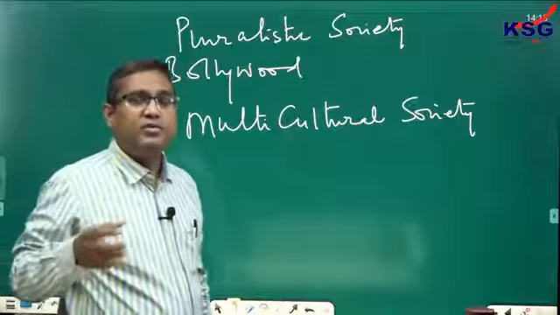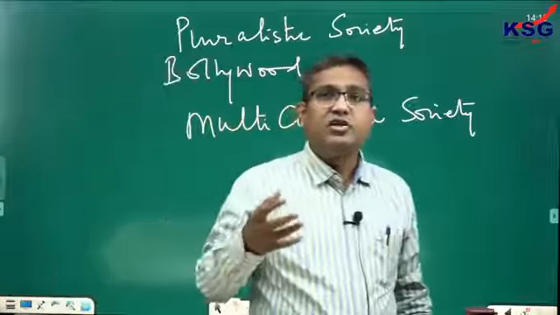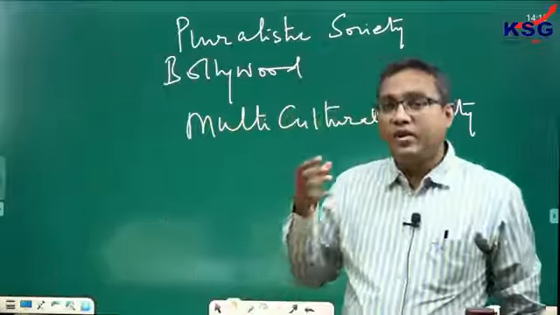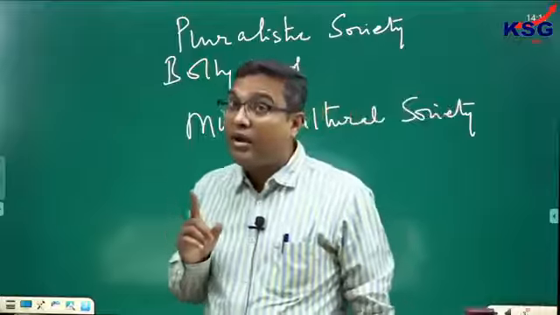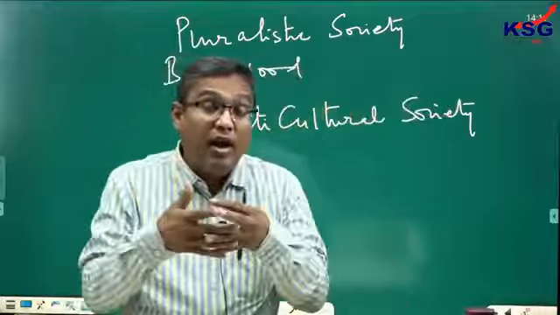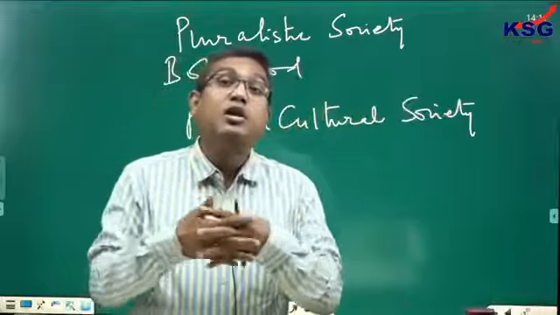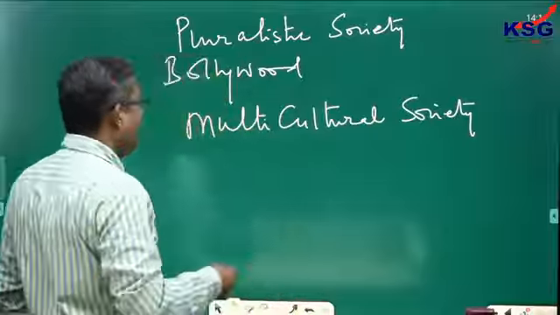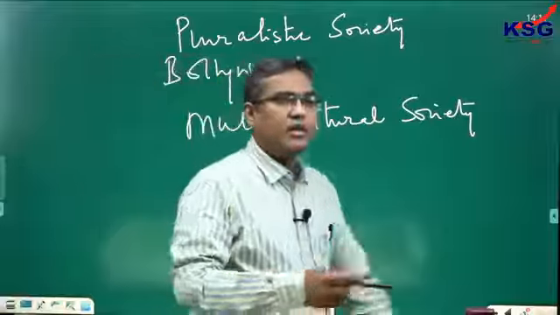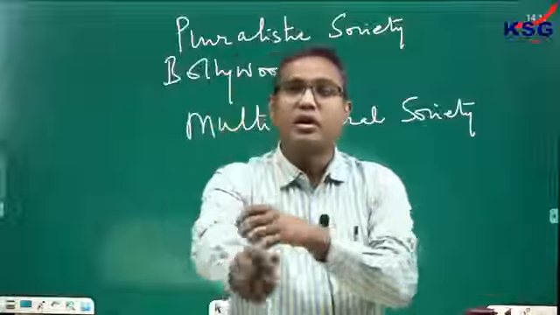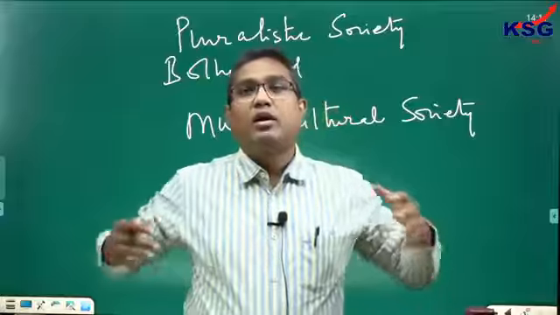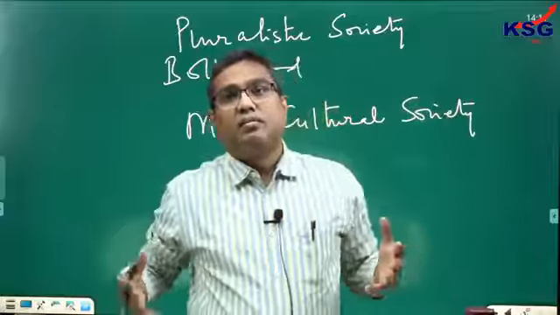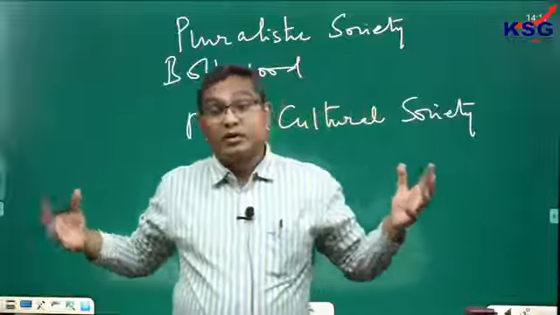Multicultural society means where people of different cultures are living together, but they are not having a close relationship with each other, right? For example, you can take any city, even your Kolkata. Kolkata is a mix, the big capital of West Bengal.